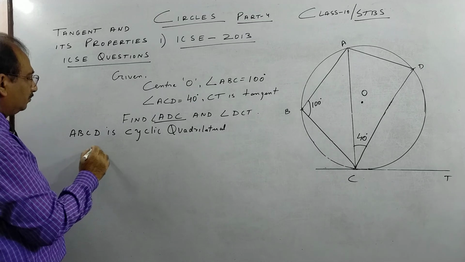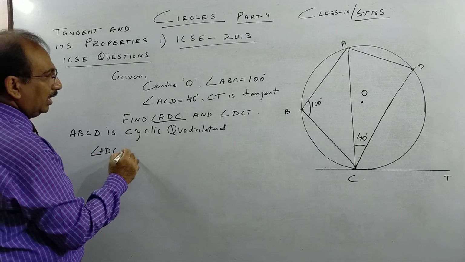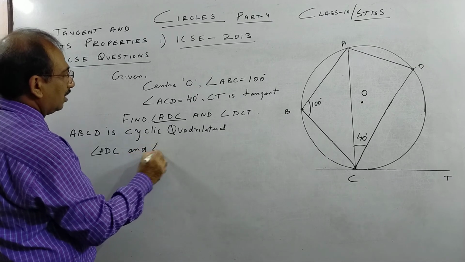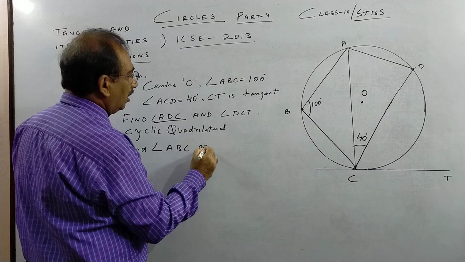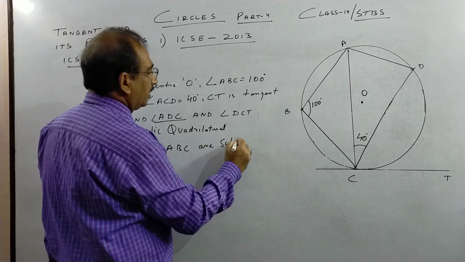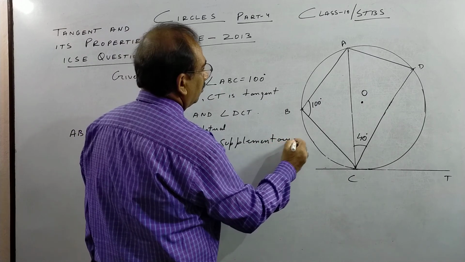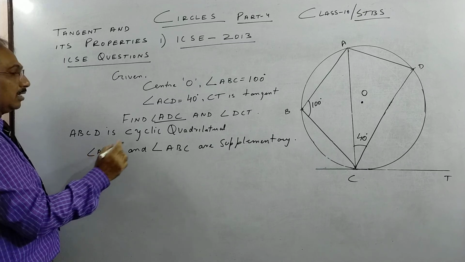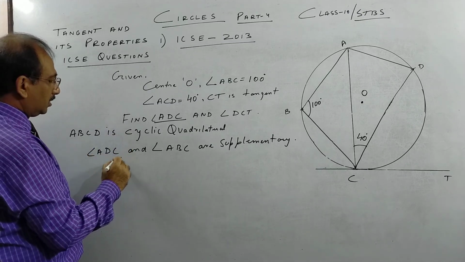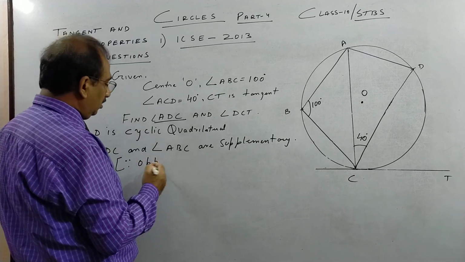So angle ADC and angle ABC are supplementary, because we have learned that opposite angles of a cyclic quadrilateral, this is theorem number 4 or 5.